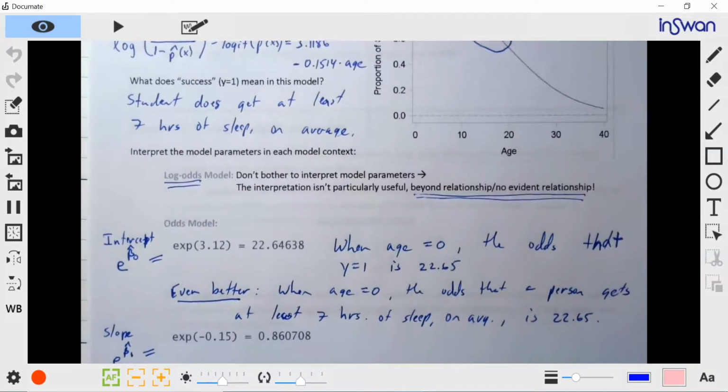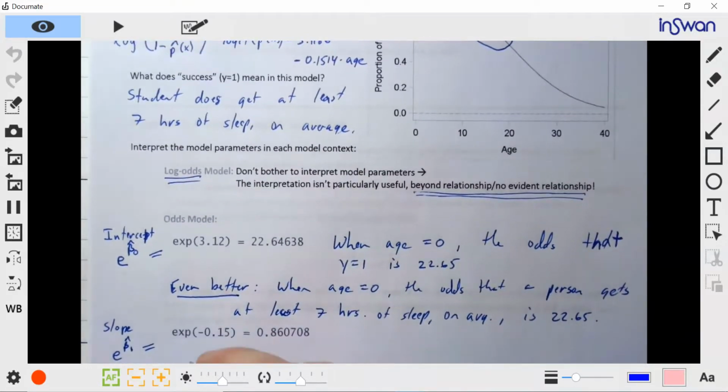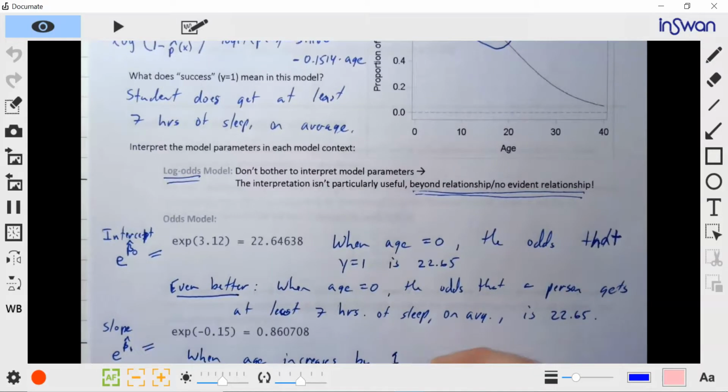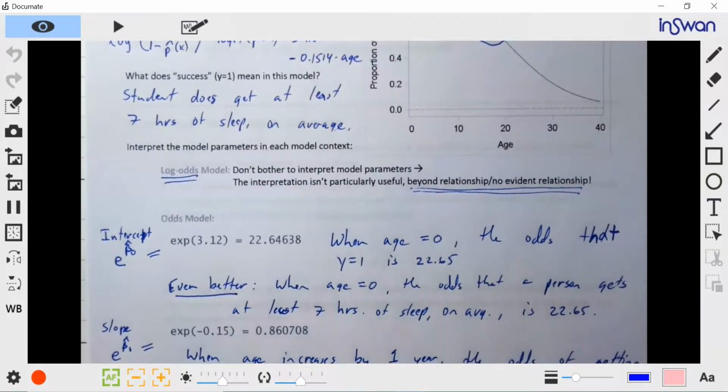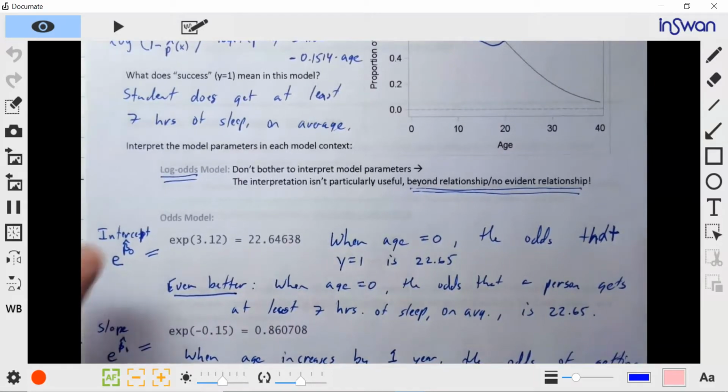So we can interpret this on the odds scale as when age increases by 1 year, for each 1 year of age, the odds of getting at least 7 hours of sleep decreases by a factor of 0.86.